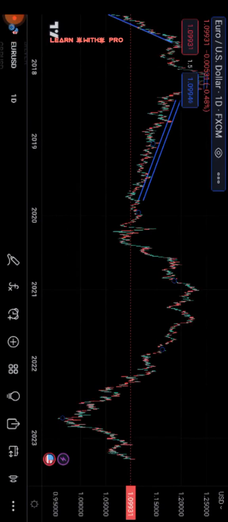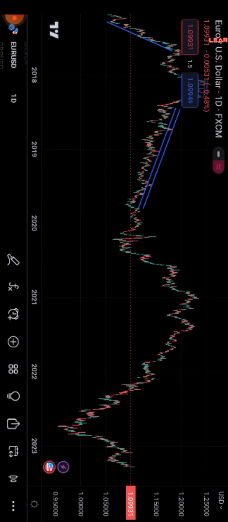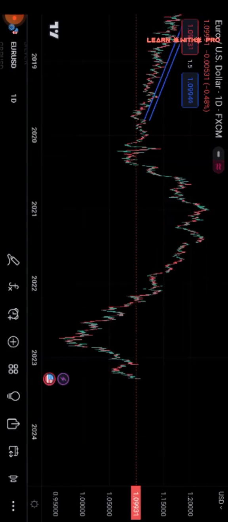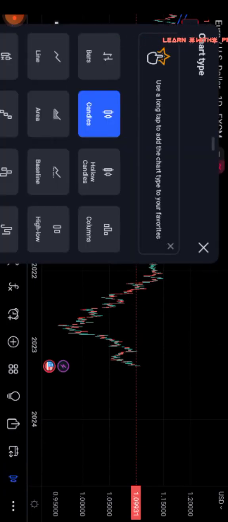You can see the trade USD. USD is currently in an uptrend, and before the uptrend there was the previous downtrend around this area.